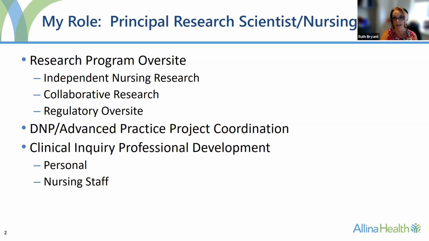Many of you are probably experiencing that same thing, where your employees are advancing their degree and then want to do their DNP project at your site, and it becomes important to coordinate that effort. So there's some synergy between the student's project and the priorities for the institution, as well as a smooth transition into the IRB acceptance and approval process, even though we recognize they need to be a QI type of project.